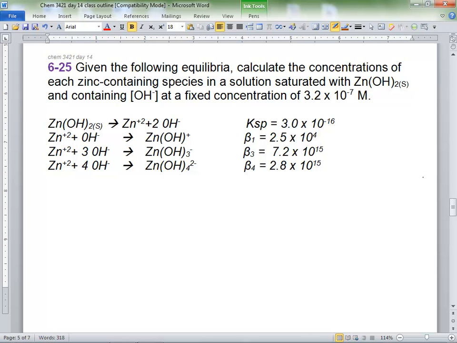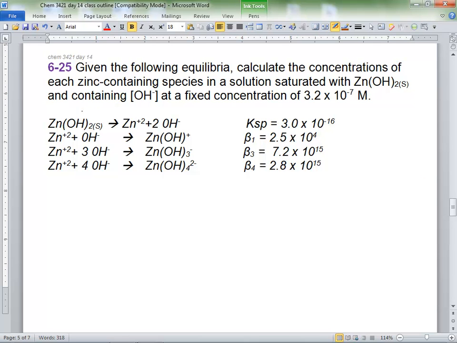Hydroxide's fixed at 3.2 times 10 to the negative 7 molar. They want all these, what do they call it? Species, zinc-containing species. Well, which ones are those? If I was going to circle them, what would I be circling here?